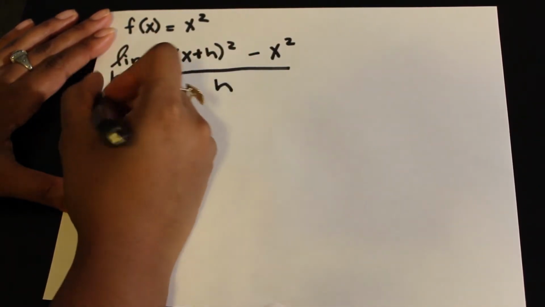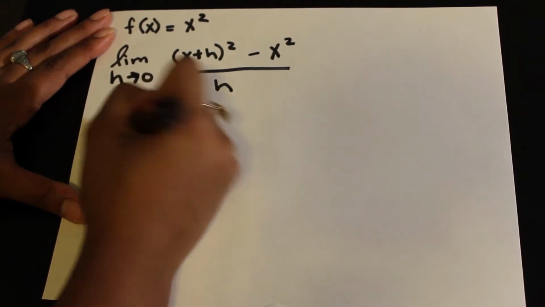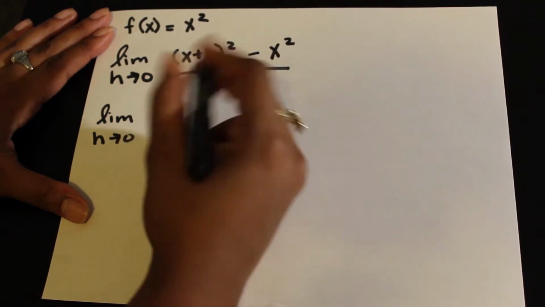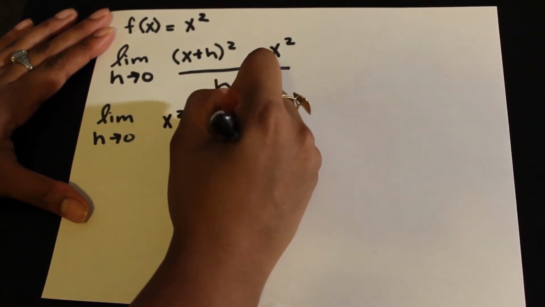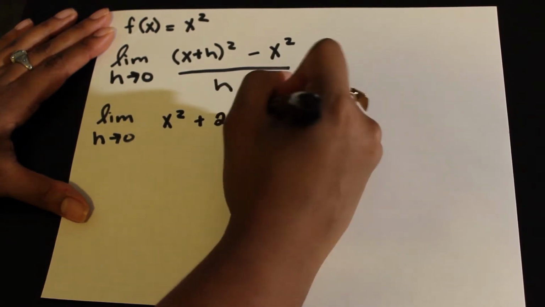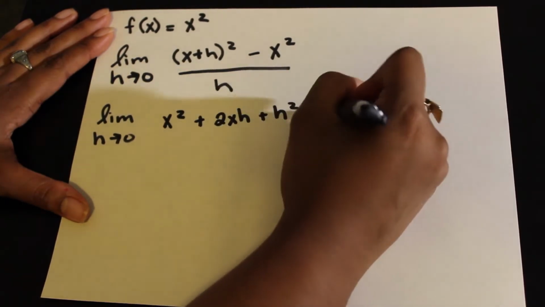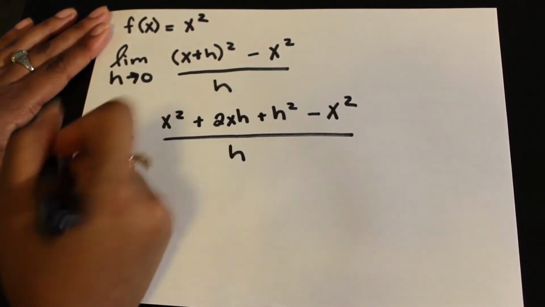Now let's simplify this. We'll have the limit as h approaches 0. If I expand this right here, I'm going to get x squared plus 2xh plus h squared minus this right here, x squared all over h.